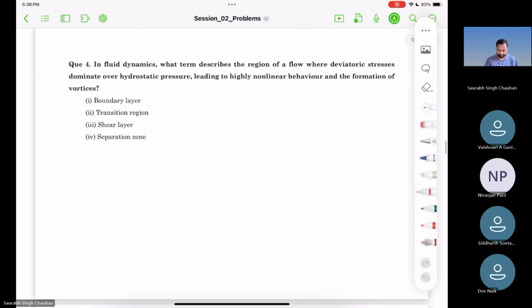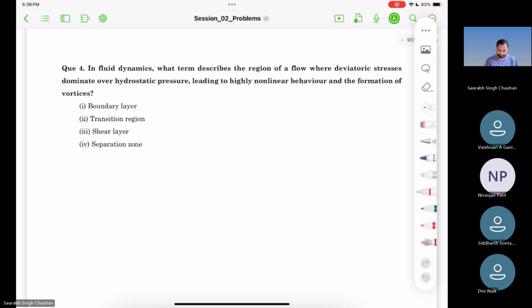Question number 4 says, in fluid dynamics, what term describes the region of a flow where deviatoric stresses dominate over hydrostatic pressure, leading to highly non-linear behavior and the formation of vortices?